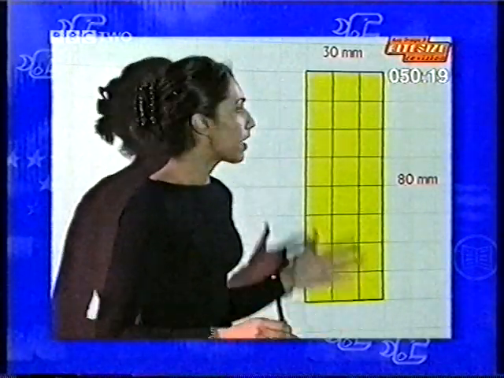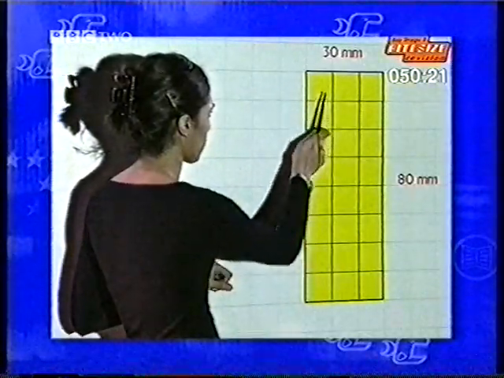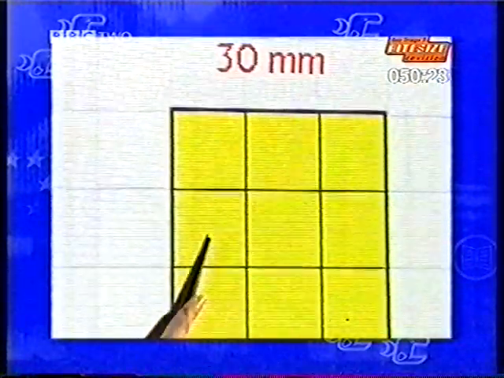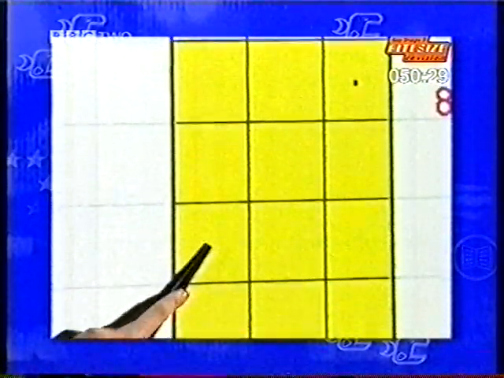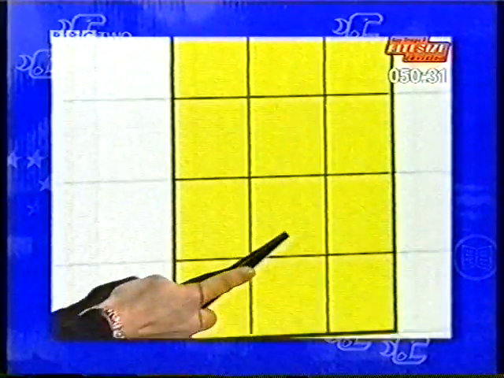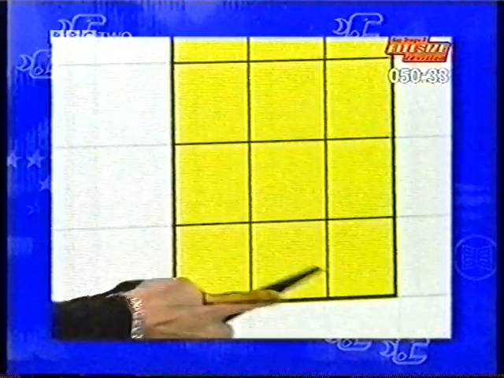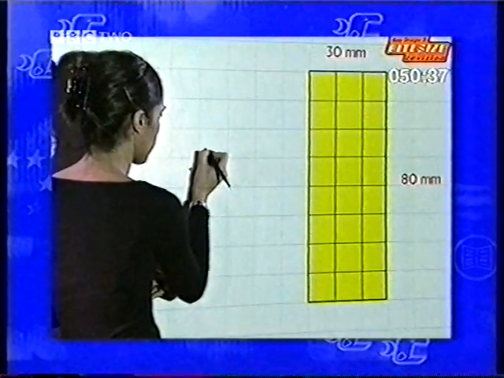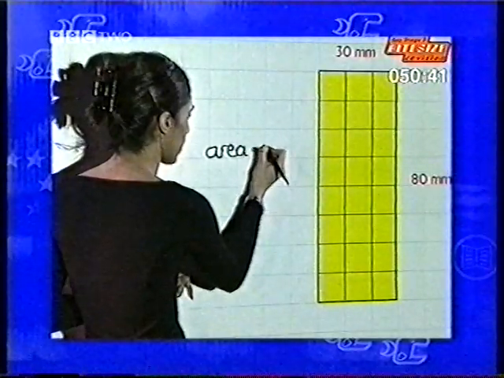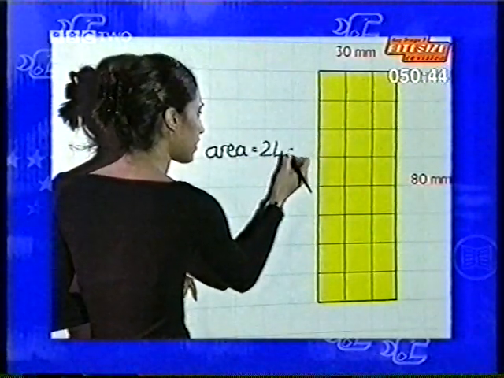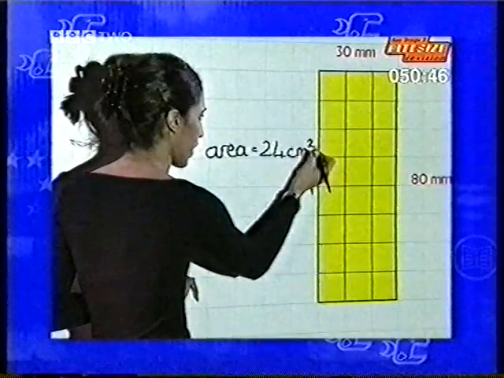Now that we know that, let's carry on and count the squares. 1, 2, 3, up to 24. Now if we were to write the area in centimetres, it would be 24 centimetres squared.